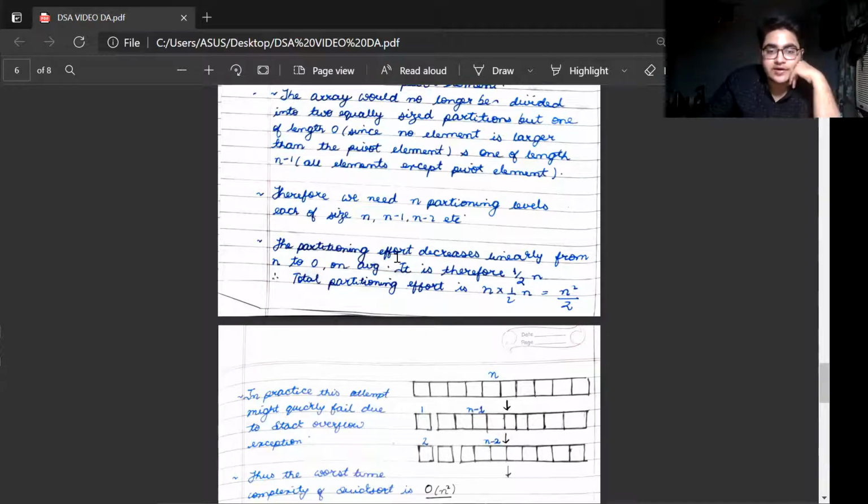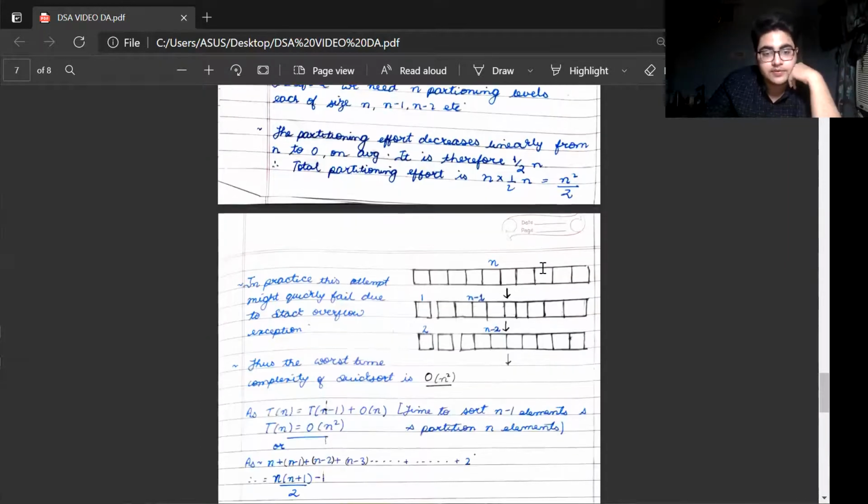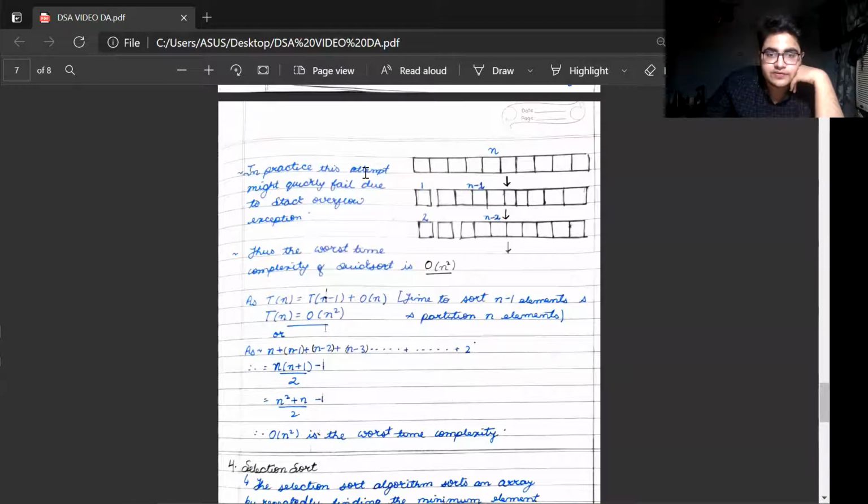The partitioning effort keeps on decreasing as we move down, and it is therefore 1 by 2 times n, that is n squared by 2, because on average that happens. So in practice, generally we see that this attempt might quickly fail because of a stack overflow exception.